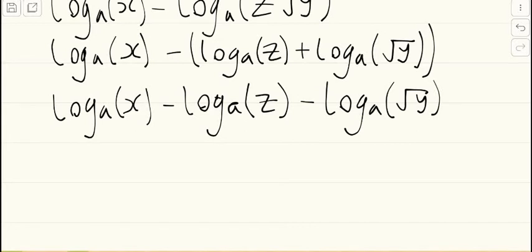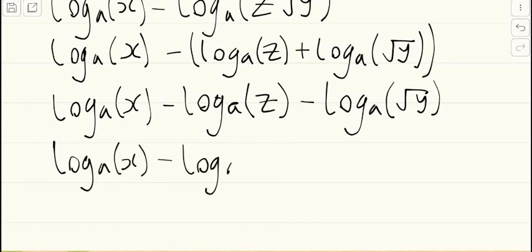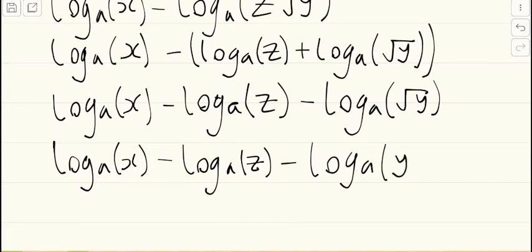Okay, and again, the x and the z are fine, but the y isn't. We need to rewrite this using our power law, so that becomes log to the base a of x minus log to the base a of z minus log to the base a of y to the power of a half.